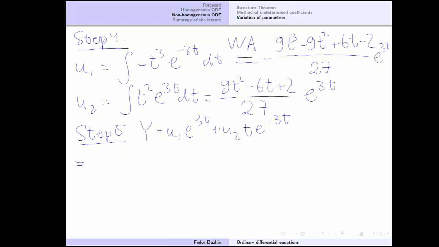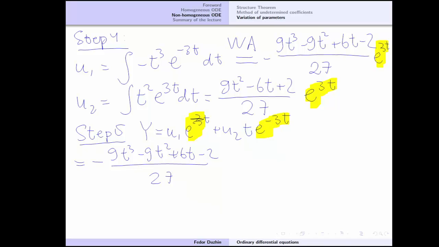So let me compute it. Okay, so notice that e to the minus 3t and e to the 3t here and here are going to very nicely cancel out. So then I'm going to get minus 9t cubed minus 9t squared plus 6t minus 2 over 27.